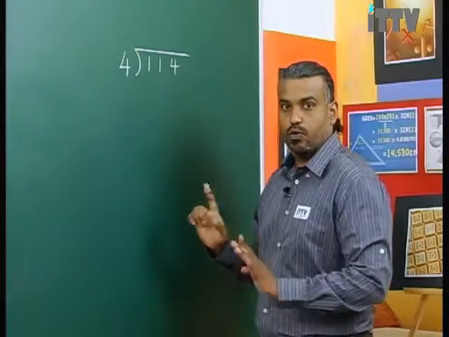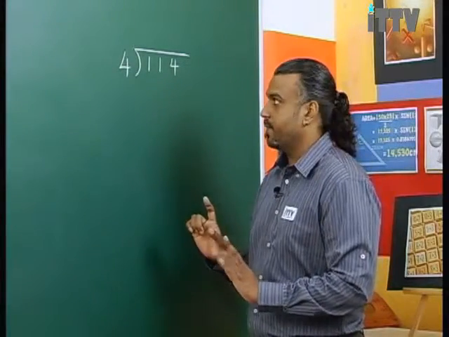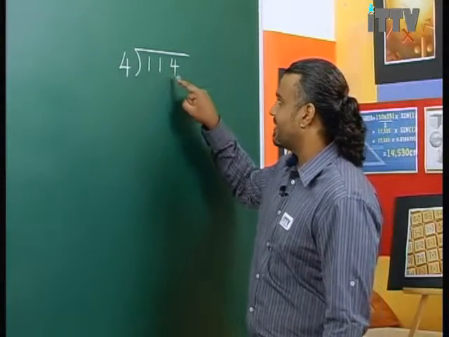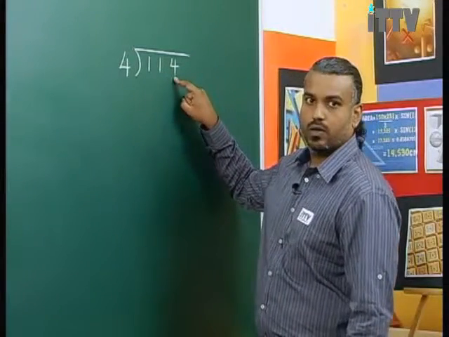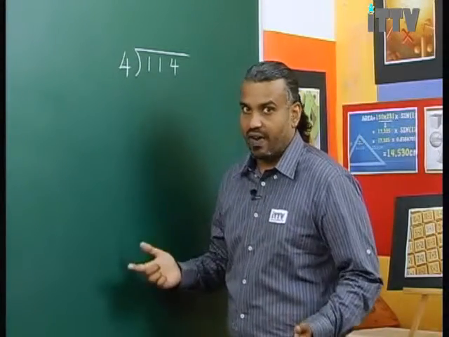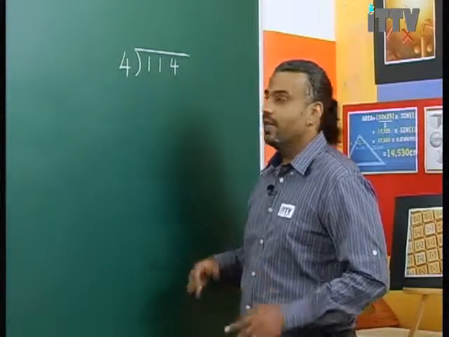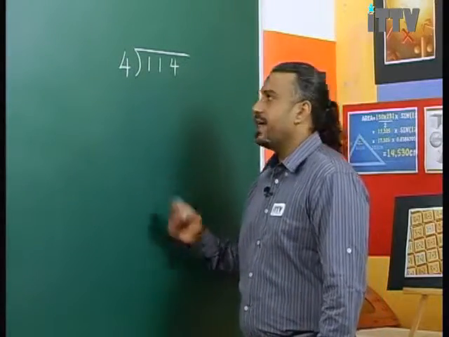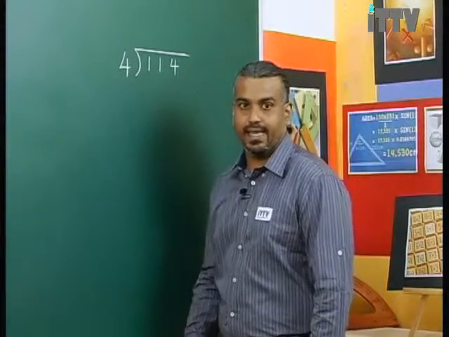That means there must not be any remainder. The last 2 digits here are 1 and 4. Is 14 divisible by 4? No, right? So we already know there will be a remainder and it cannot divide exactly.